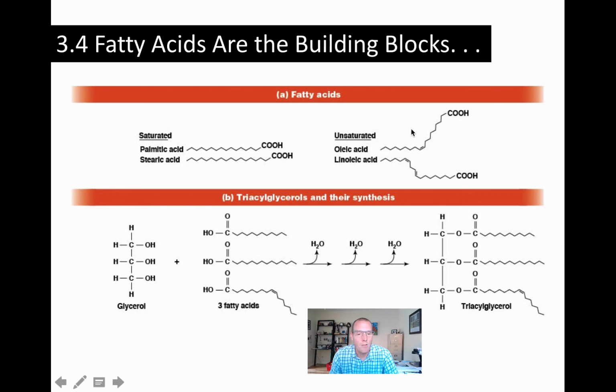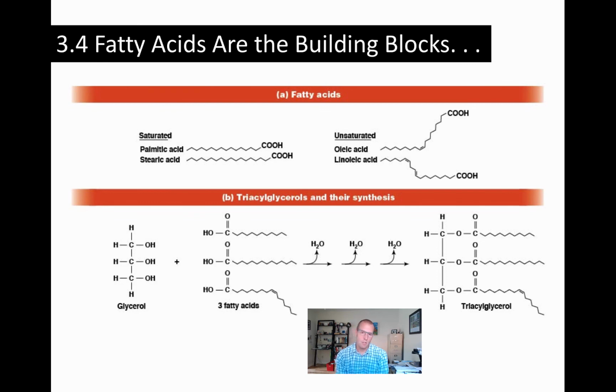And unsaturated fatty acids can have a double bond introduced. At the point of the double bond, the 2 carbons which flank the double bond are only making 1 bond with a hydrogen, and when that double bond is in the cis conformation, we get a very dramatic bend in the fatty acid.